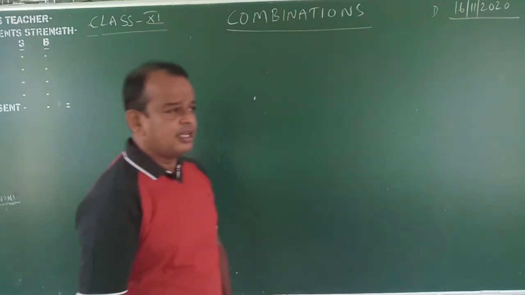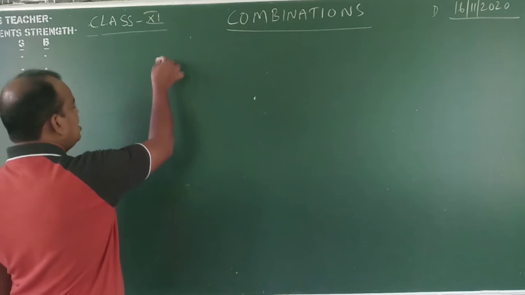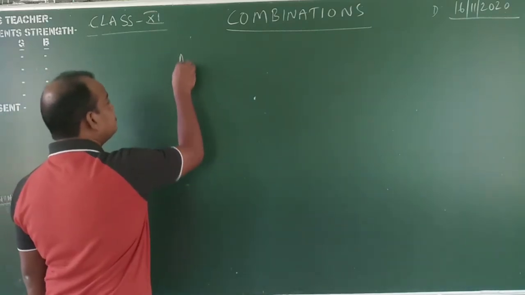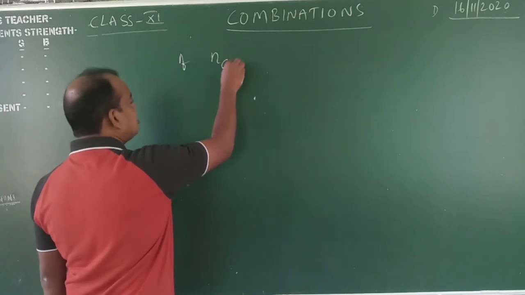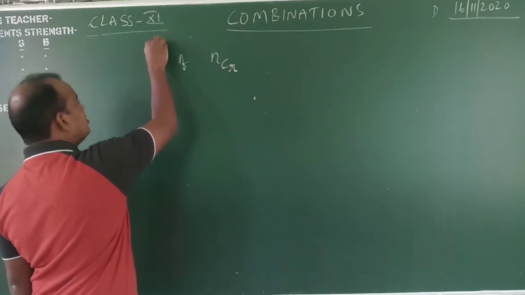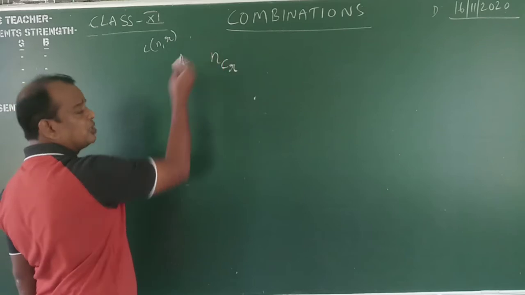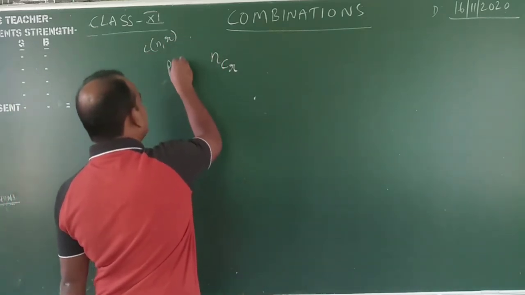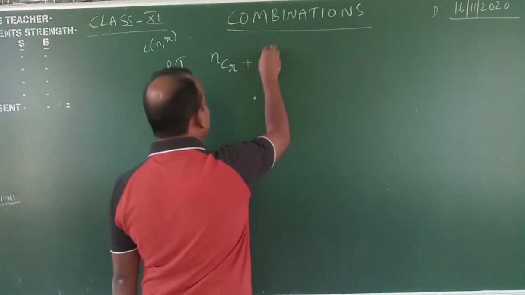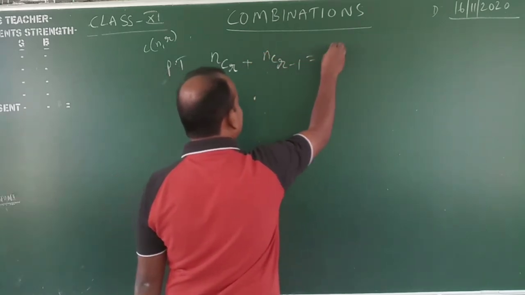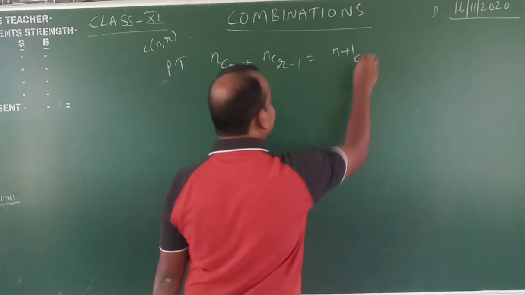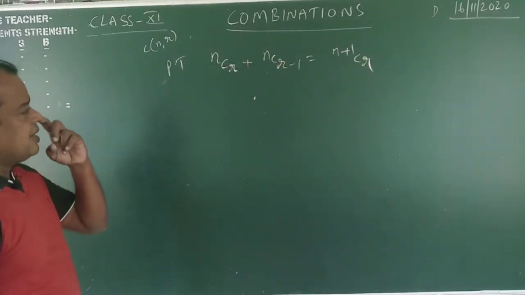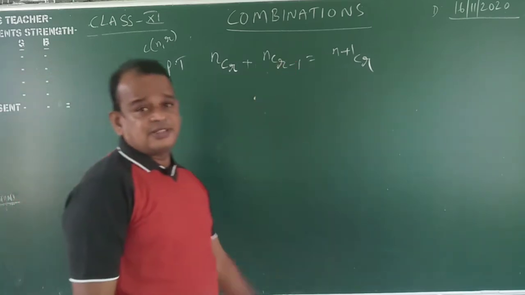If r is less than or equal to n, no problem at all. nCr can also be written as C(n, r), no problem, both are the same. We have to prove that nCr plus nC(r minus 1) is equal to (n plus 1)Cr.